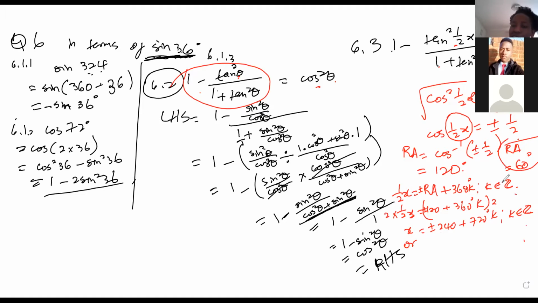Or if the reference angle is 60, half x is plus or minus 60 plus 360 degrees k. We do the same thing: we multiply everything by 2. That means our x value is plus or minus 120 degrees plus 720 degrees k, where k is an element of integers. Okay, so that is that.